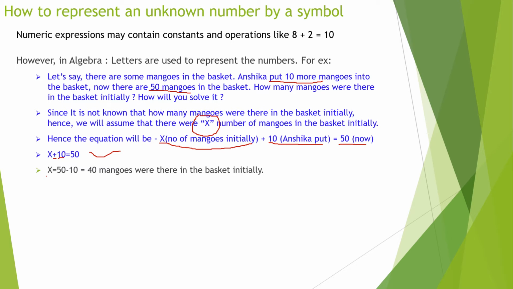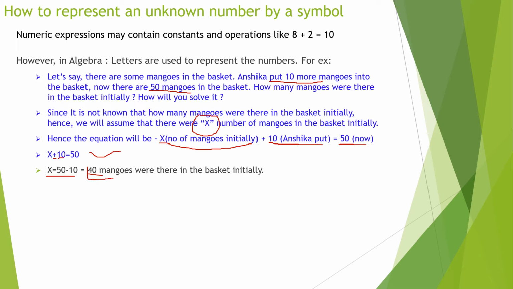Hence X is equal to 50 minus 10, which is equal to 40. So we are able to find that there were 40 mangoes in the basket initially.